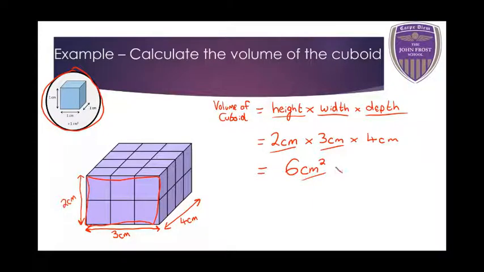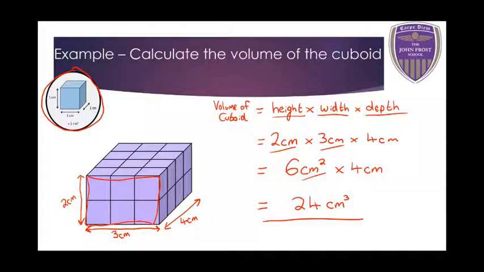If we multiply this by the depth, which was 4 centimeters, 6 times 4 is 24. And because we're dealing with volume, and we've been dealing with centimeters, the units will be centimeters cubed. So the final volume of this shape is 24 centimeters cubed.